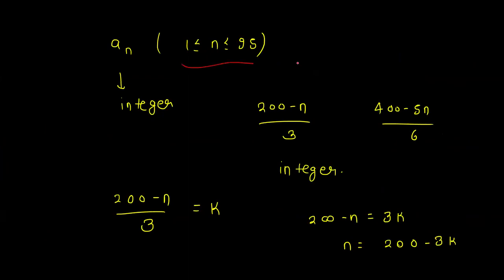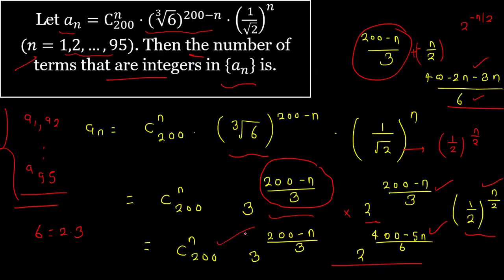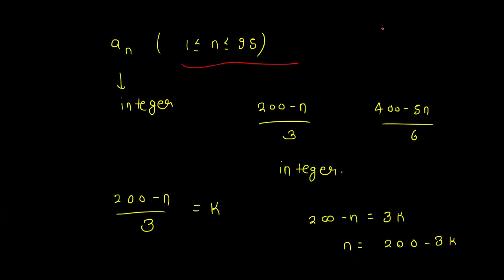Now we have n from 1 to 95. For this to be an integer, we have C(200, n), where n is from 1 to 95.